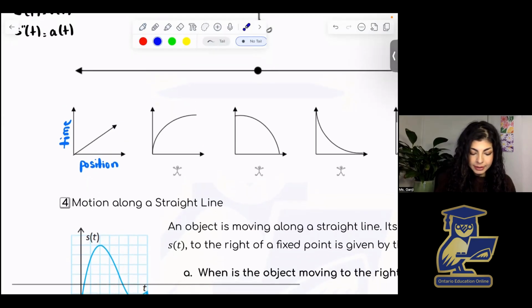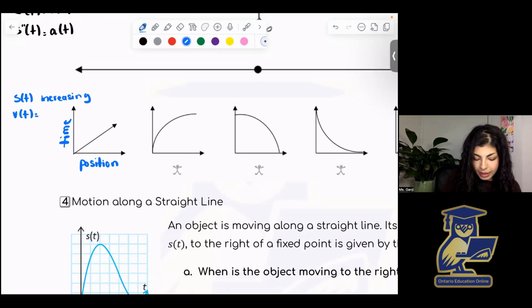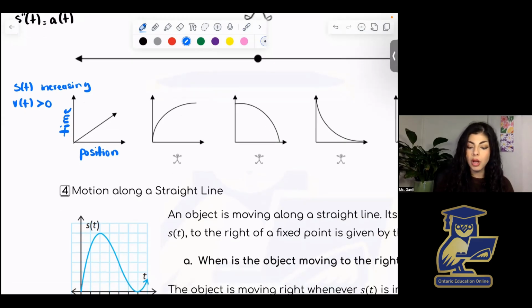And in this case, clearly we see that s of t is increasing. Here, v of t is positive, and it's actually also going to be a constant. And think of when we did first differences back in grade 9 when we were looking at linear functions, that's pretty much what that is. It's that rate of change, and it is constant here, and as well it is positive.